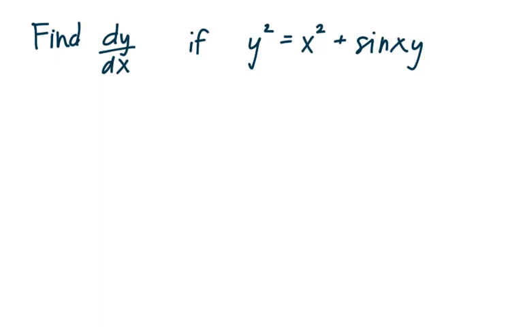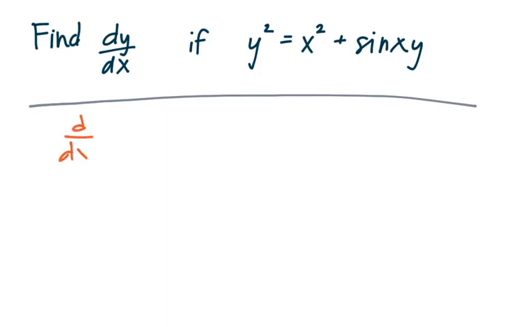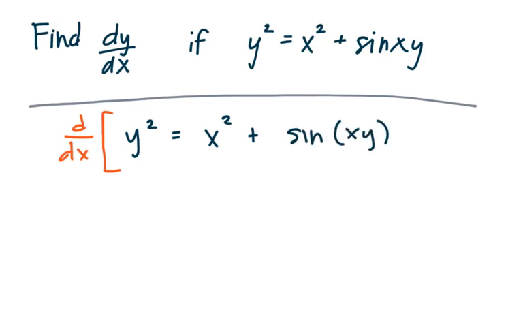Both the x and the y are in the argument of that sine operation. So to start this off, I'm going to take the derivative with respect to x of my function. y squared equals x squared plus the sine of xy.